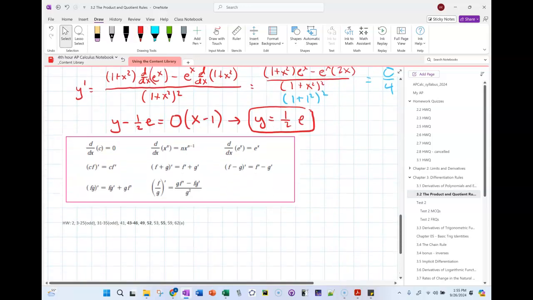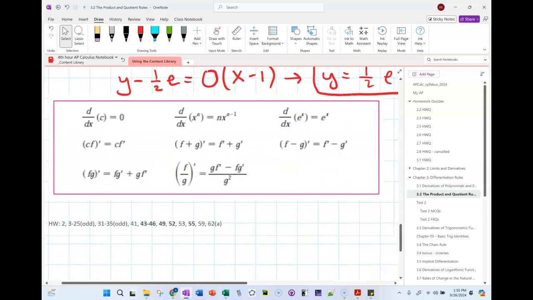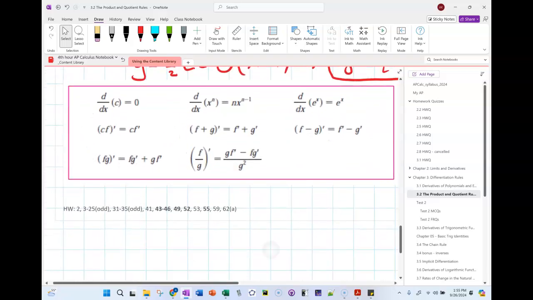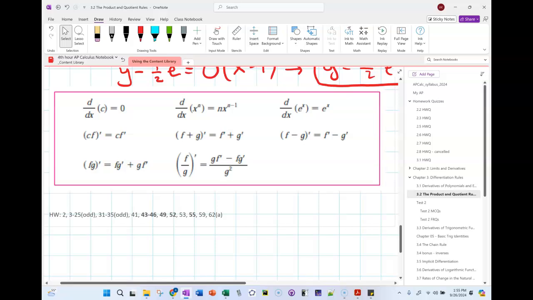All right. So in summary, for what we've done so far, here are the derivative rules that we've gone through. Derivative of a constant, 0. We have the power rule, the derivative of e to the x, the constant property. If I take a constant times a function and I take the derivative, the constant just comes out front and I just do the derivative of the function.